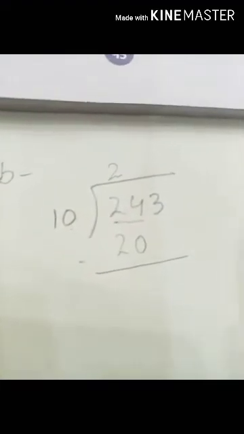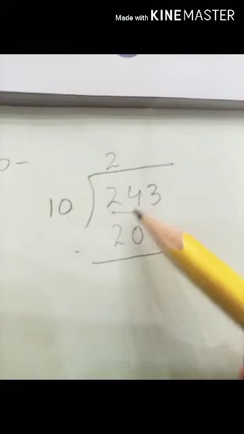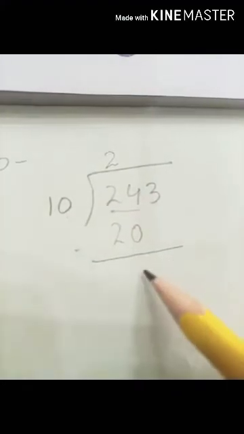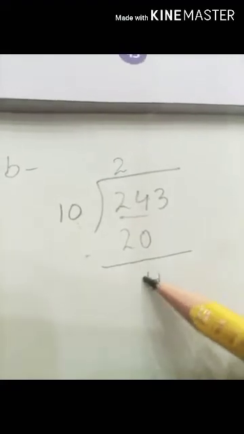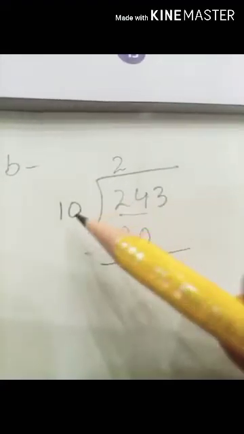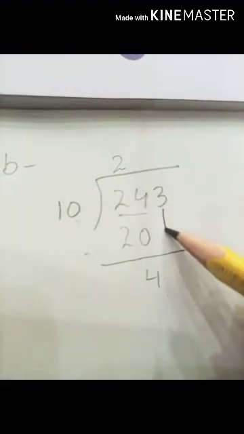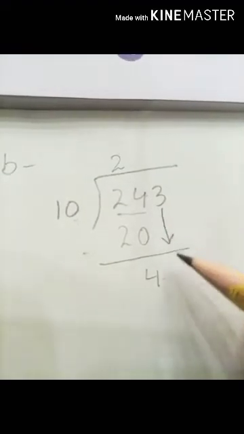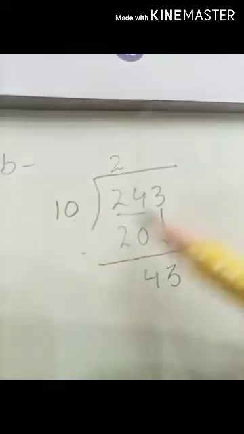I am going to subtract, starting from 4 minus 0, and my number will be 4. Now look students, this 4 is smaller than my divisor. I can't divide it further. So I am taking my 3 down here. It will become 43. Now I can divide easily.